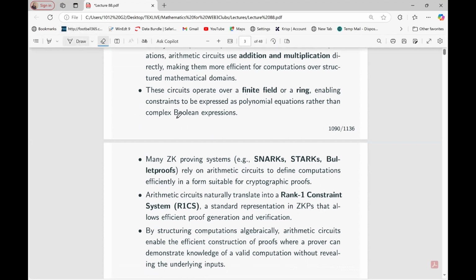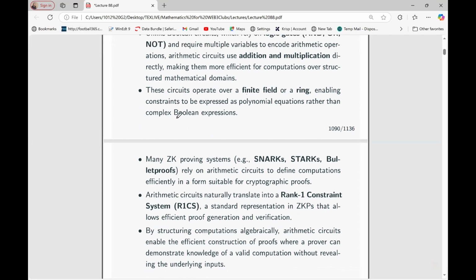Now, just before we proceed, when we talk about arithmetic circuits, we're just referring to equations. And these equations would have addition and multiplication as the signs, and then there'll be equality. And they'll be assisting us to verify computations. Remember that when we go to zero knowledge proofs, we have the verifier and we have the prover.